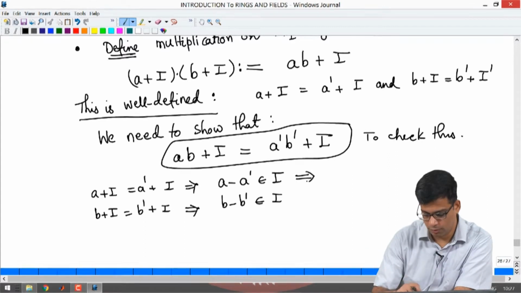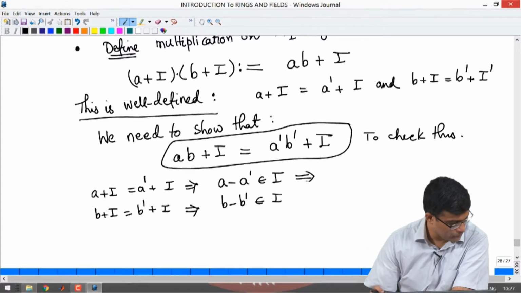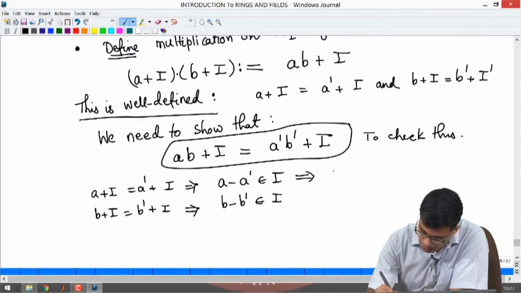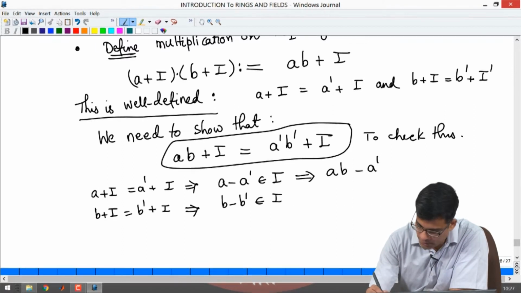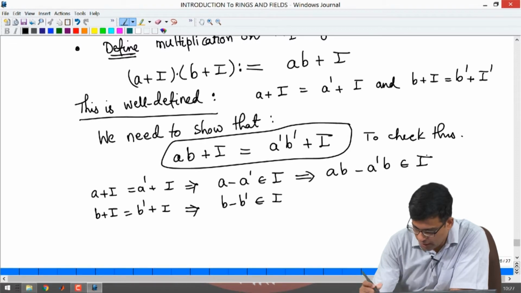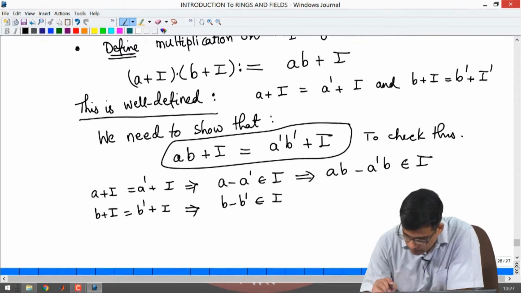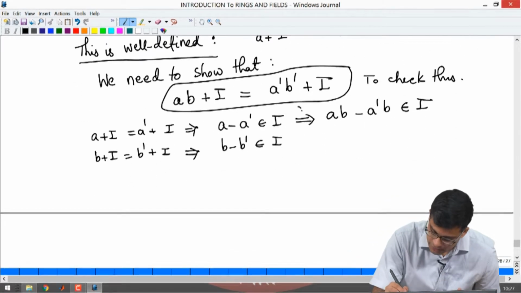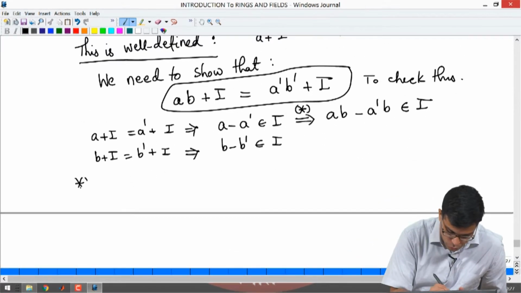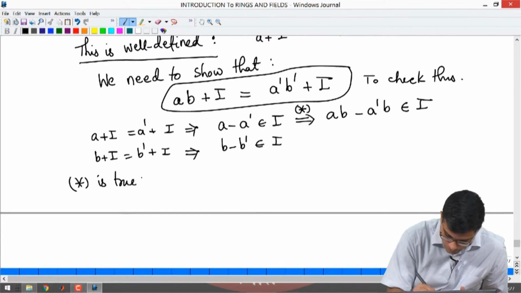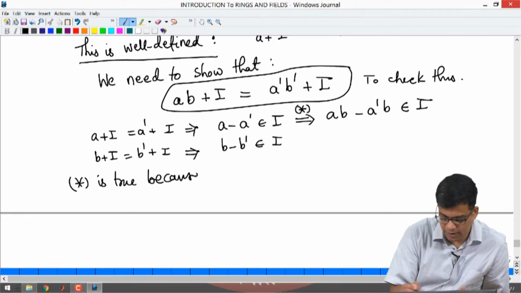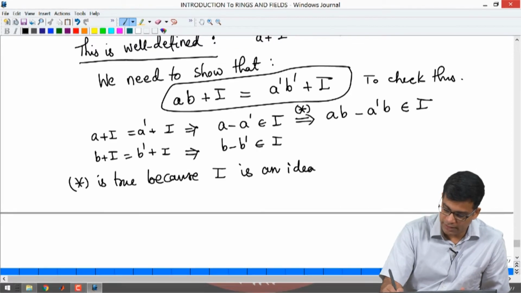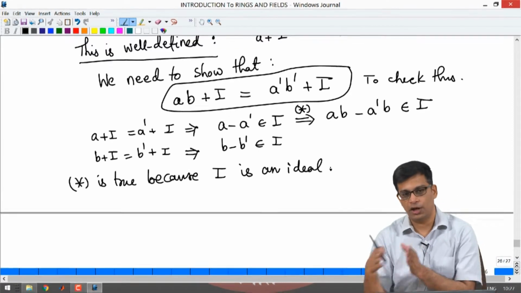Okay. So, now I will multiply this with b. I claim that ab minus a prime b is in I. Why is this implication true? This implication is true, let us say star is true, because here is where we will need the additional property of an ideal.